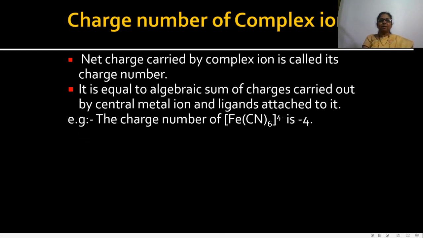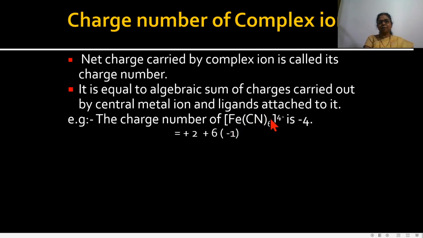For example, the charge number of [Fe(CN)6]4-: this complex ion, the coordination sphere, has a net charge of 4 minus. Therefore, the charge number of this complex ion is -4. It is also the algebraic sum of charges of the central metal ion and ligands. In this complex, Fe is the central metal ion and cyanides are the ligands.